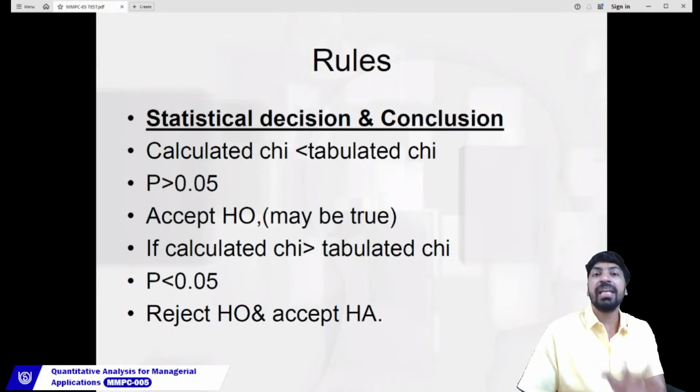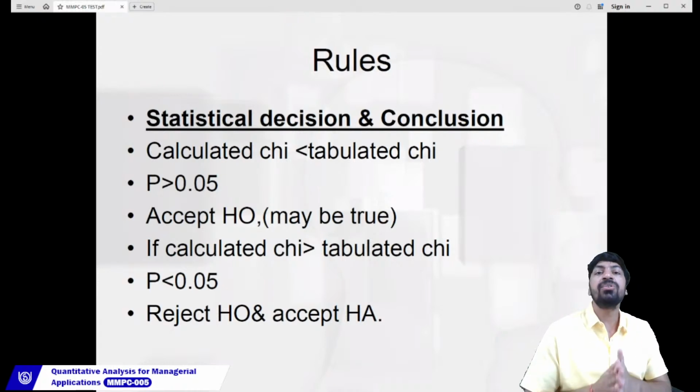If the calculated chi-square value is less than the tabulated chi-square value, that means the null hypothesis will be accepted. And when the null hypothesis is accepted, what does it mean? It means there is no significant difference, no significant association, no significant relationship between one or two variables.